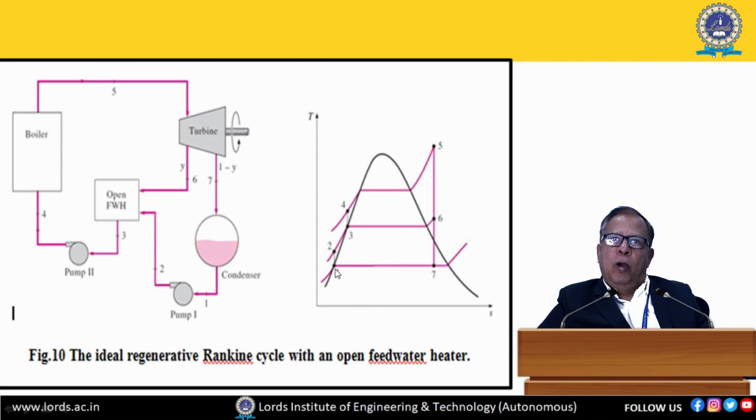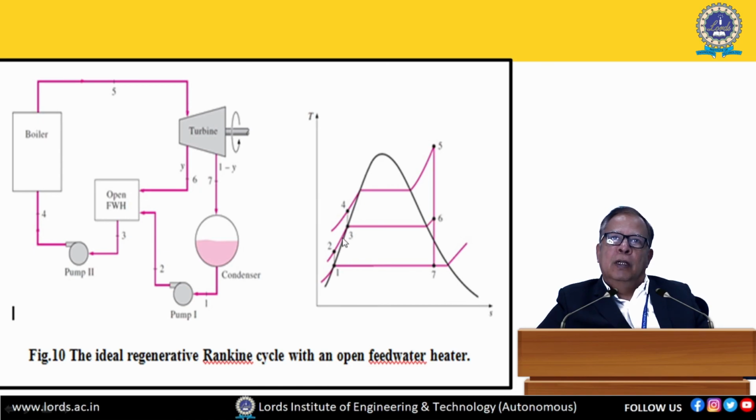At state point 1 it is the pump which pumps this feed water to the feed water heater, and then in the feed water heater at 3, this water from the condenser and the steam which has been extracted from the turbine mix together, and thereby the temperature of the feed water increases.